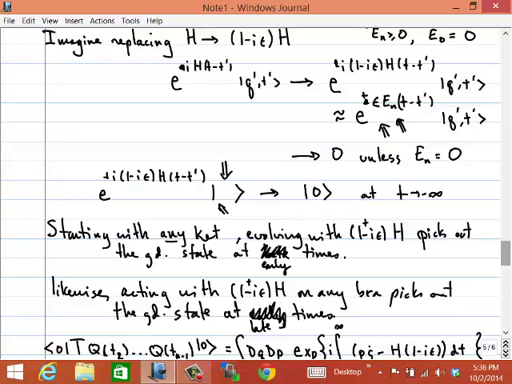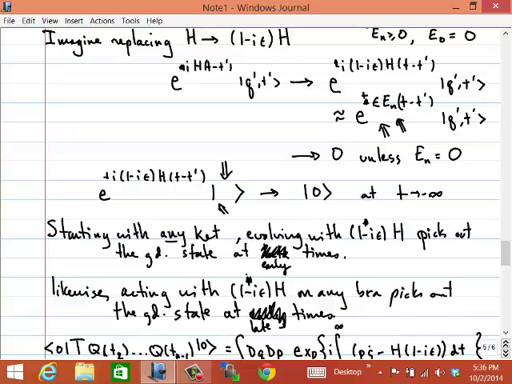Yes, so the initial state is the ket vector, okay? And you evolve with e to the minus i epsilon, and then as t goes to minus infinity, you get only the ground state. And as t goes to plus infinity on the bra, which is the final state, you get the ground state as well.